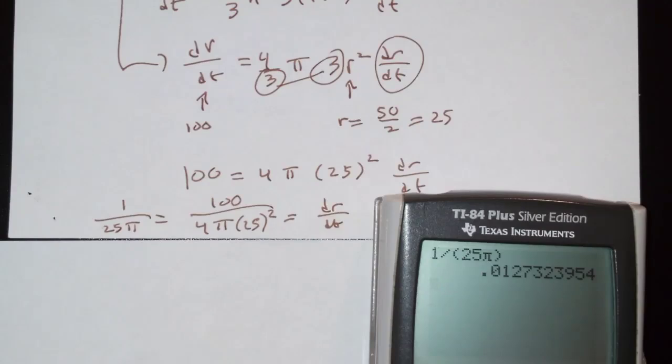Did you have parentheses on the bottom? Then what you did was 1 over 25 times pi, unfortunately. You've got to keep those parentheses because the pi is on the bottom.